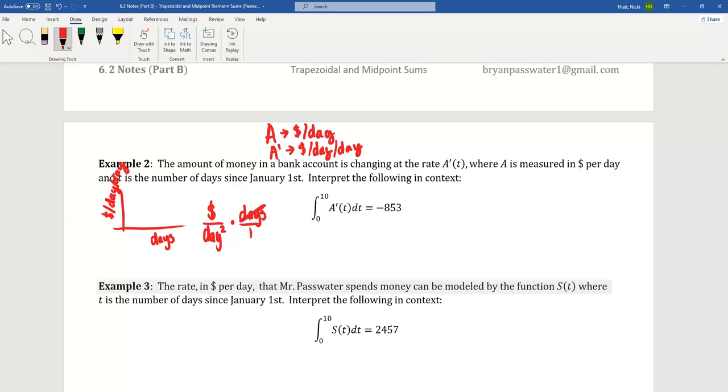One of these days cancels with one of the days in the bottom, so our units here are dollars per day.